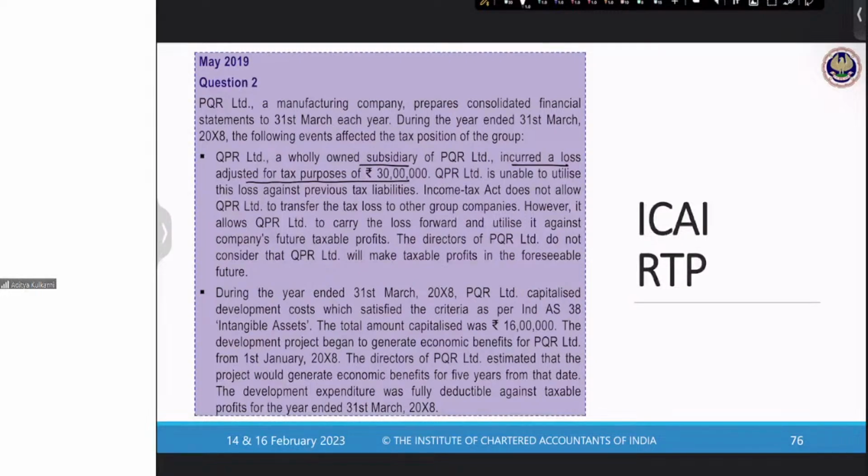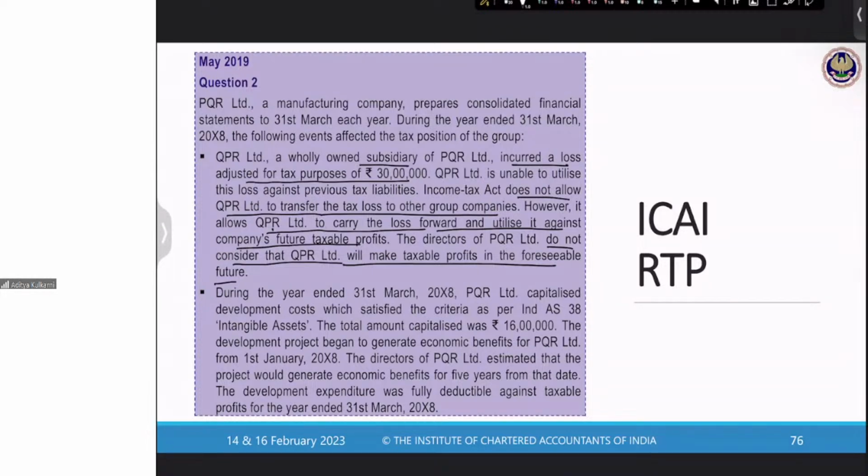QPR is unable to utilize the loss against previous tax liabilities. The Income Tax Act does not allow QPR to transfer the loss to other group companies. It allows QPR to carry the loss forward and utilize it against future taxable profits. Directors of PQR do not consider that QPR will make taxable profits in the foreseeable future.